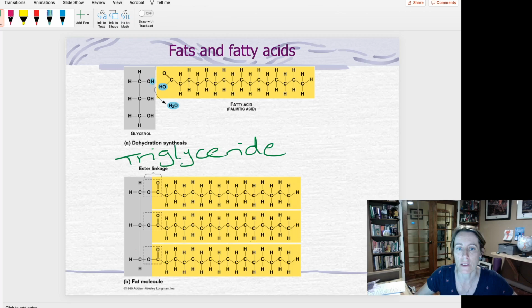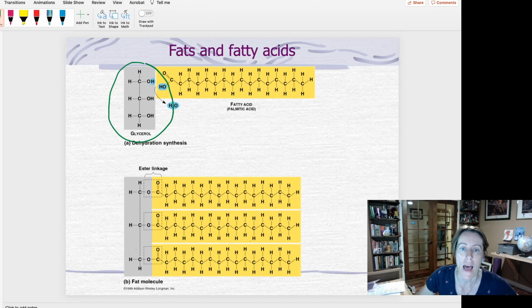So let's look at how these molecules are put together, what they're made of. If you're going to build a triglyceride, you need two components. The first thing is this molecule here, and this molecule is called glycerol. So I'll write this over here. Glycerol is what we call the backbone for a triglyceride. And glycerol, you're going to recognize it because it has 1, 2, 3 carbons.